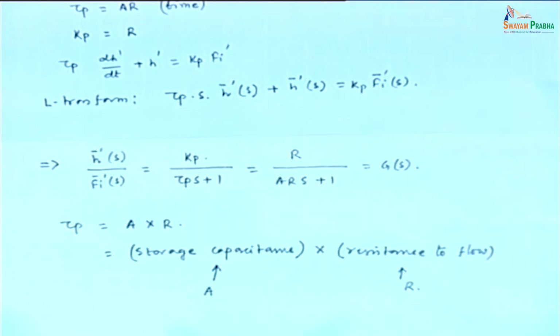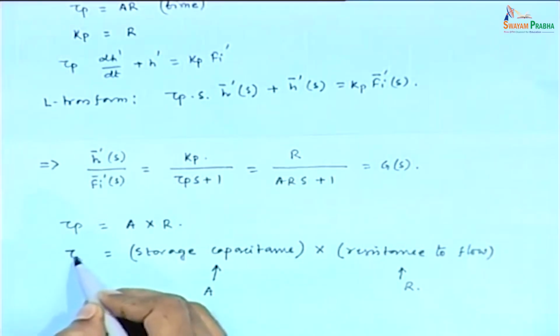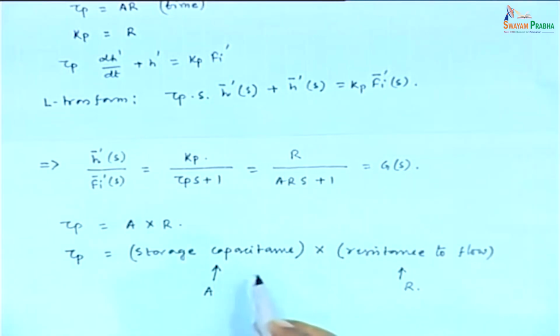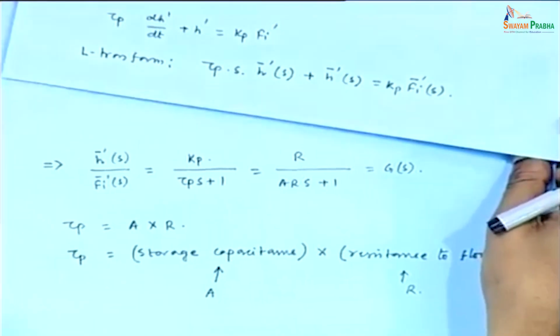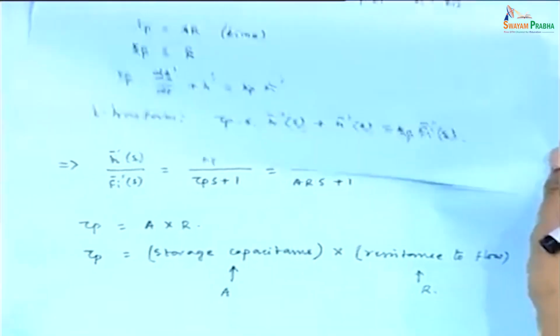If we consider an example which is modeled by only energy balance equation, in that case also we can write this time constant tau p equal to storage capacitance multiplied by resistance to heat. Then in that case this is the capacity to store energy, not mass. In the next we will take another example, that is the pure capacity system.